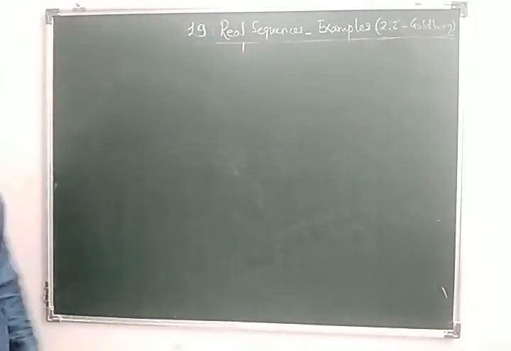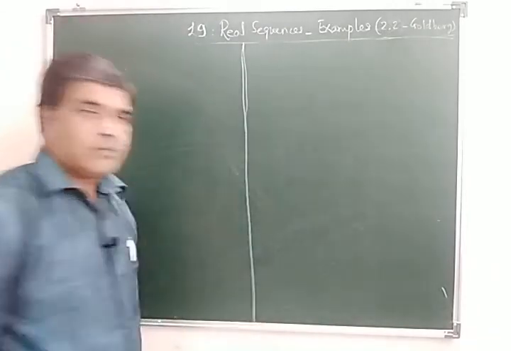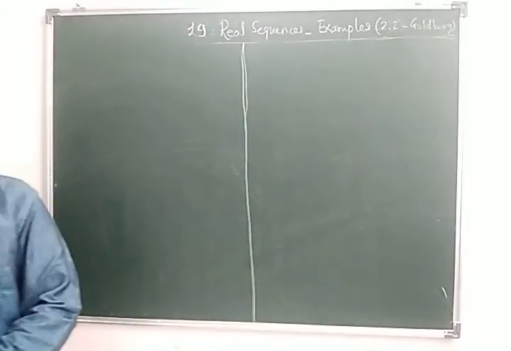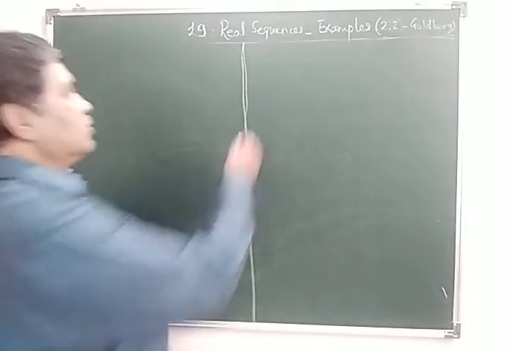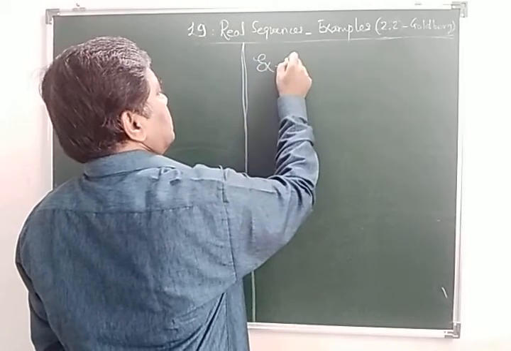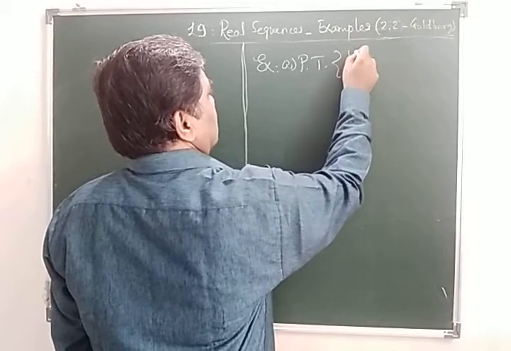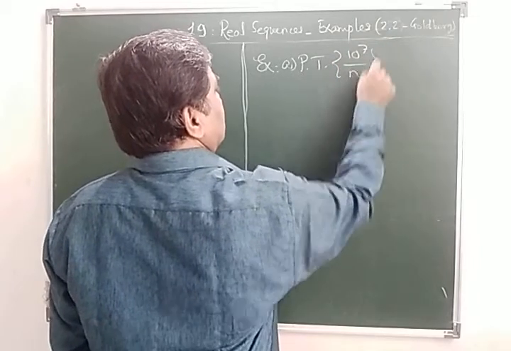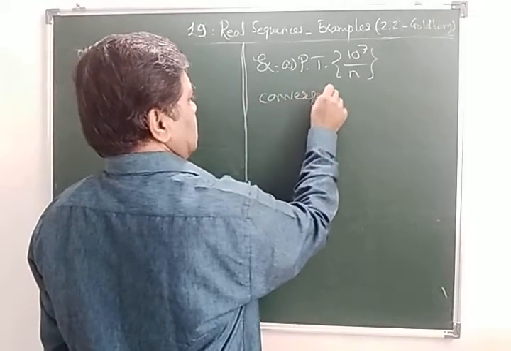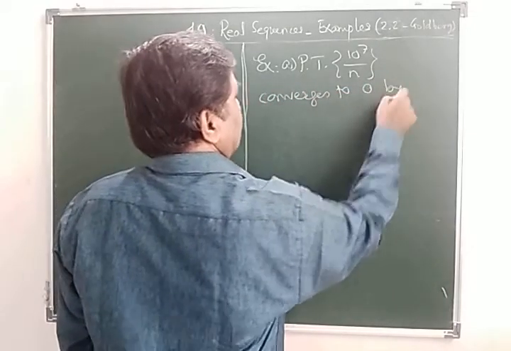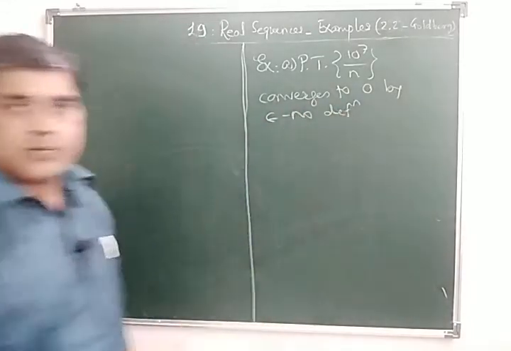Now take the next example. If I take Sn equal to 10 raised to 7 upon n, A part: prove that 10 raised to 7 upon n converges to 0 by the epsilon n naught definition.